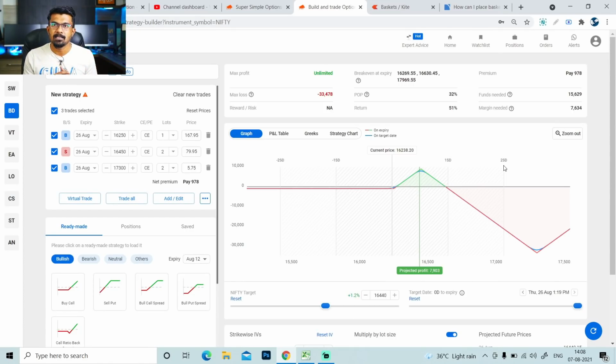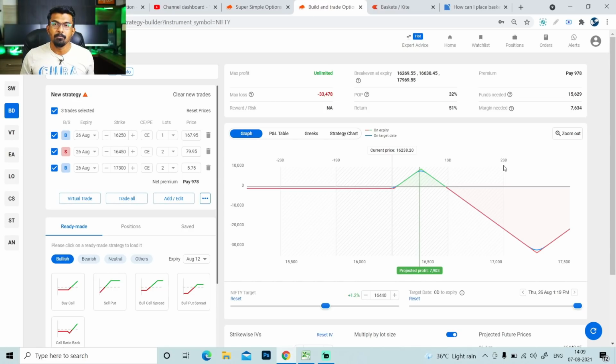So you imagine the return it is going to give you. Margin required is around 7,600 rupees only, but you are gaining a profit of around 7,000 rupees. So the total return on investment will be more than 80 or even 90% of your investment.